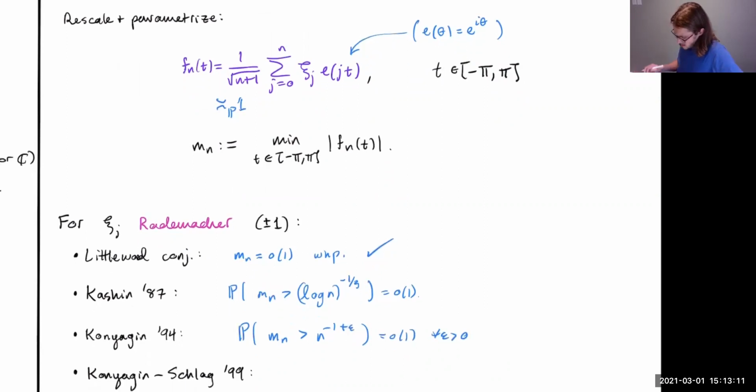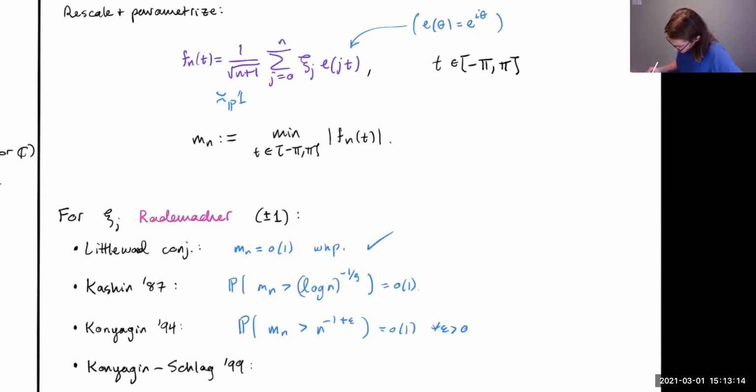And then with Schlag, they showed a lower tail estimate. So it can't be much bigger than 1 over n. But also, at scale n, you have this small ball concentration estimate.